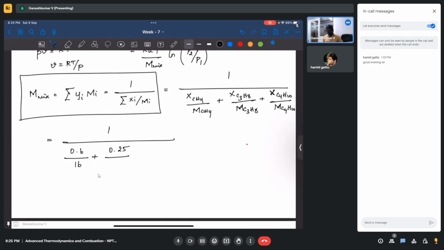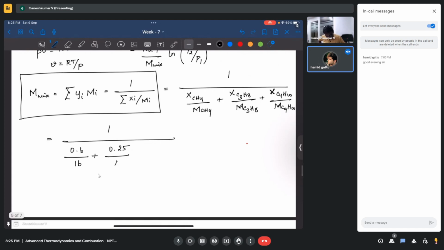How much is C3H8? C3 is 12, 12, 12, 36 plus 8, it's 44. Plus 0.15 divided by C4H10, which is 58.